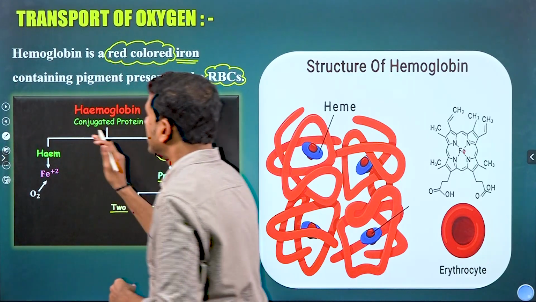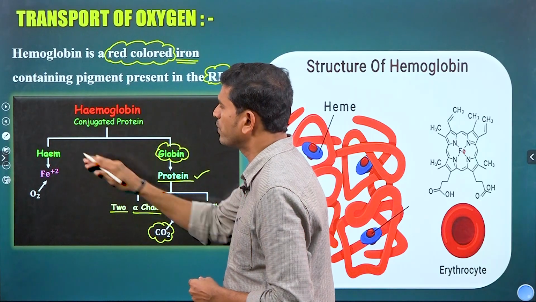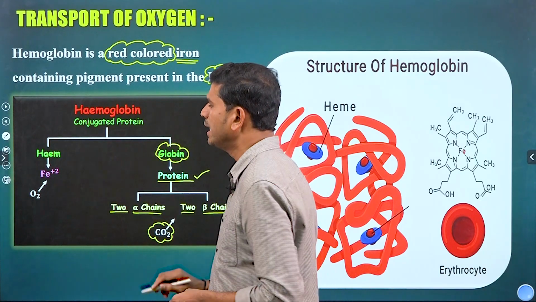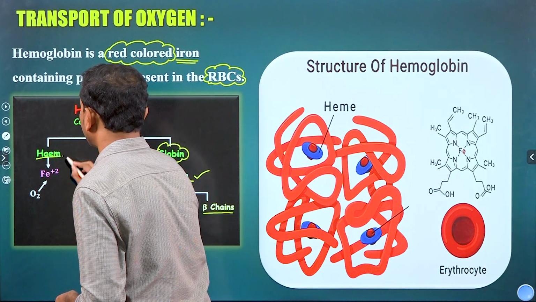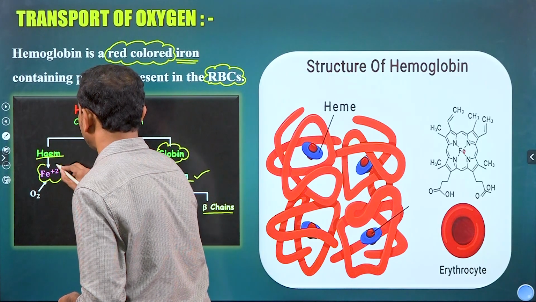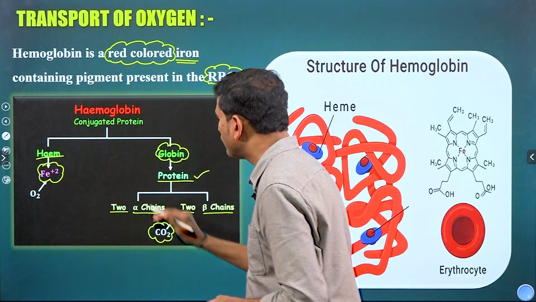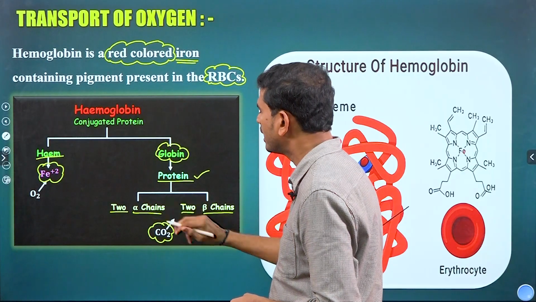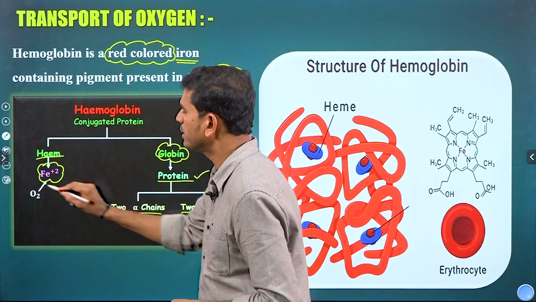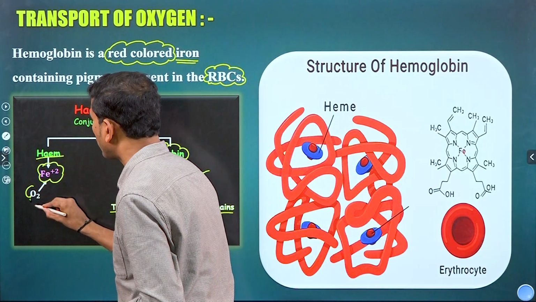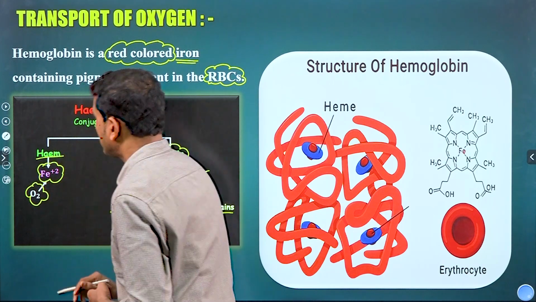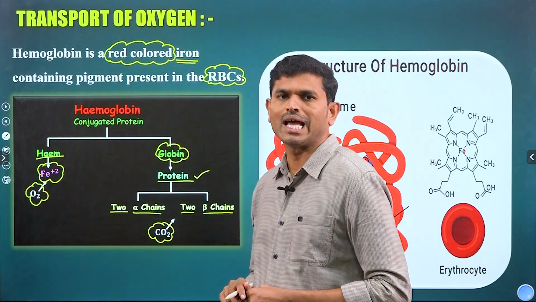The next part of hemoglobin is heme. It contains iron as a central atom. Each and every polypeptide chain contains one iron. Oxygen forms a bond with this iron, the central atom called heme.